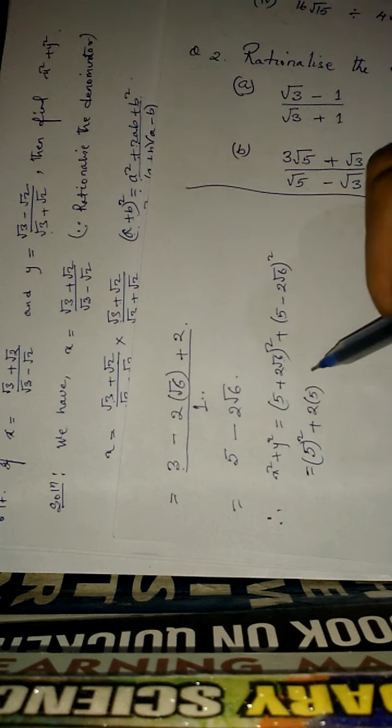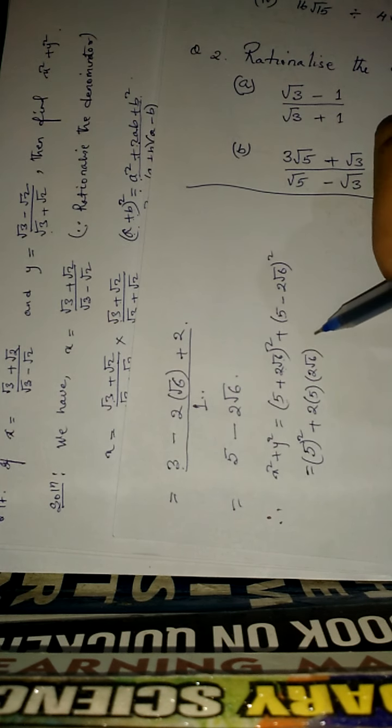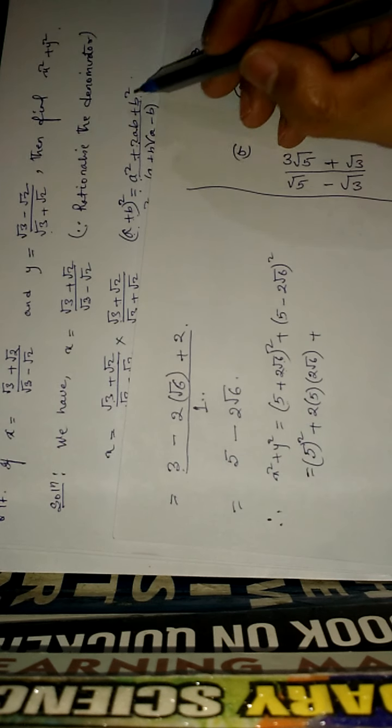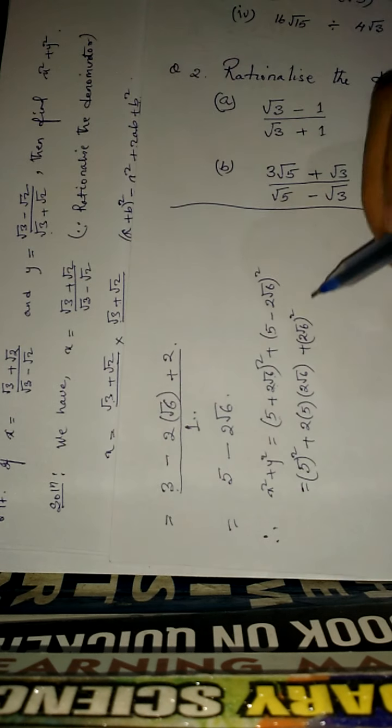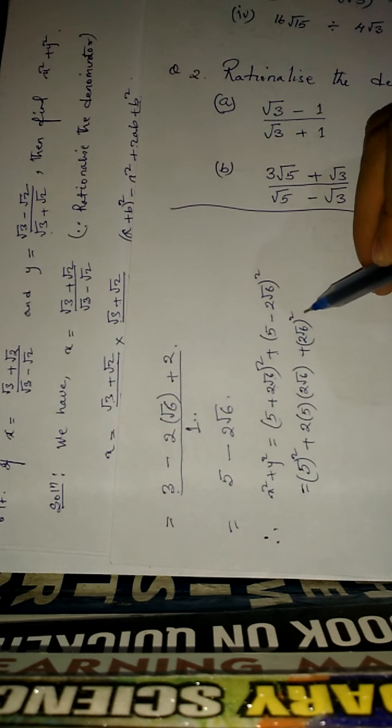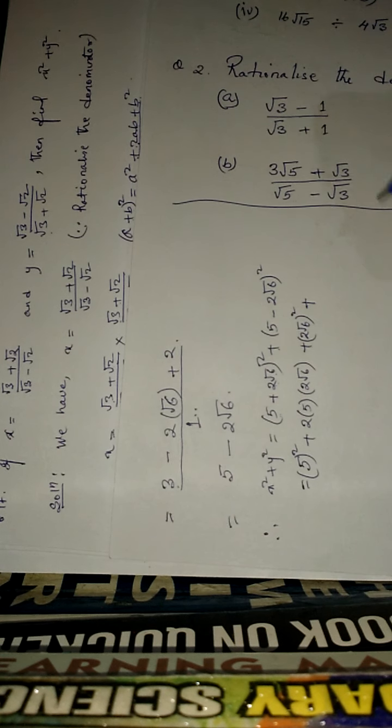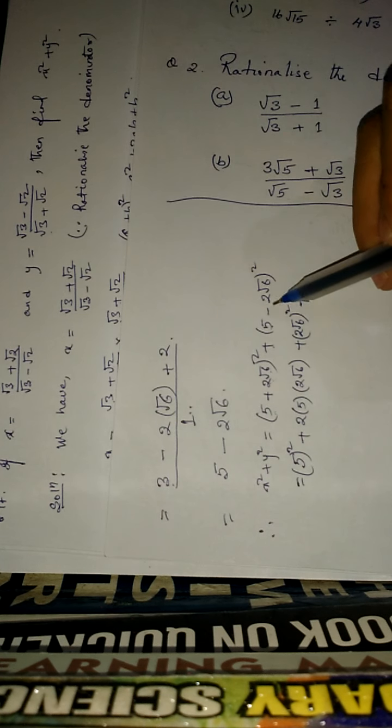Then here this 5 minus 2 root 6 is also squared, so the expanded form of a minus b whole square is a square minus 2ab plus b square. Okay, this one I will write here as a continuation.